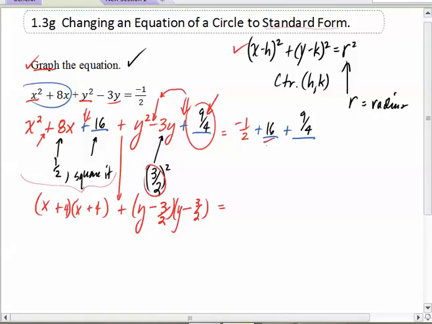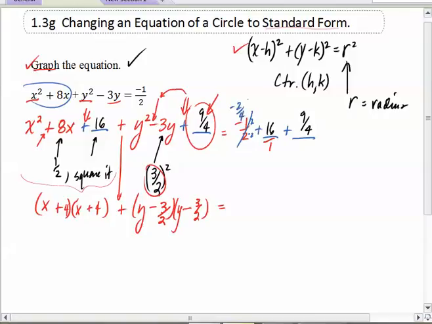I'm going to actually take the 16 and put it over 1, which I never do. But I want to get a common denominator. I want to leave it as an improper fraction because I'm going to be wanting to take the square root in a little bit. So anyway, I have -1/2. That's going to really just be 2/4, right, times 2 times 2. So that's going to be -2/4.